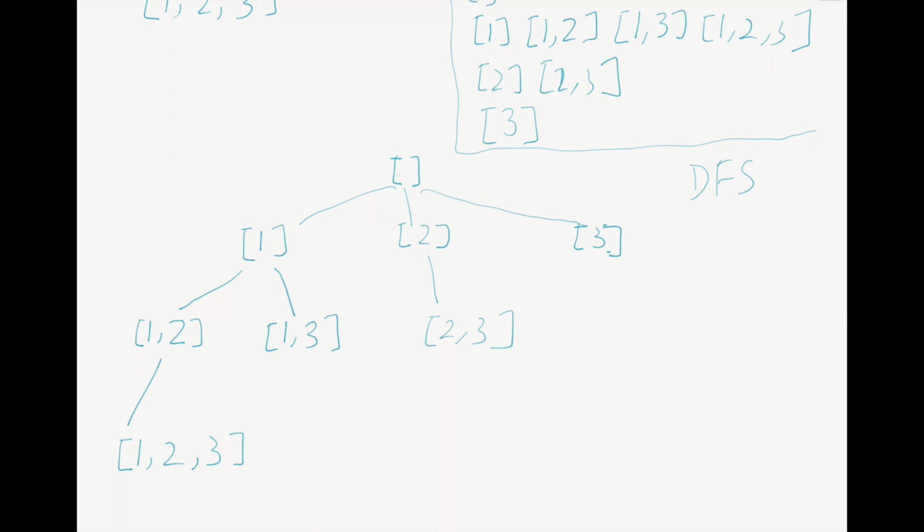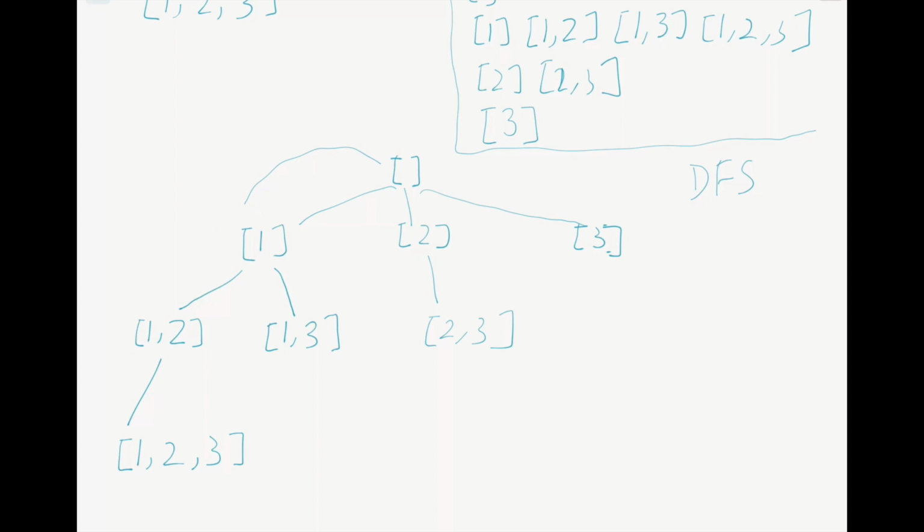First, we start from the root, then we go to 1, then 1 2, 1 2 3, and then we come back and traverse to 1 3, and 2, 2 3, and 3. So this is very similar to the depth first search for tree traversal.